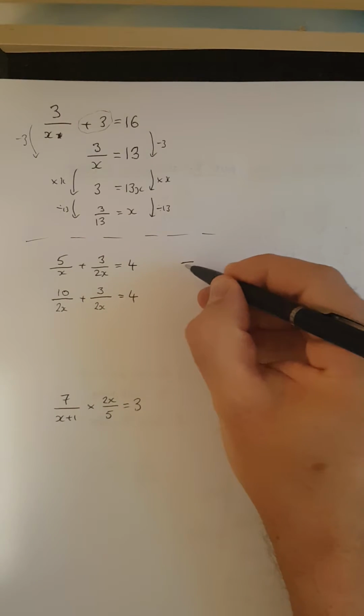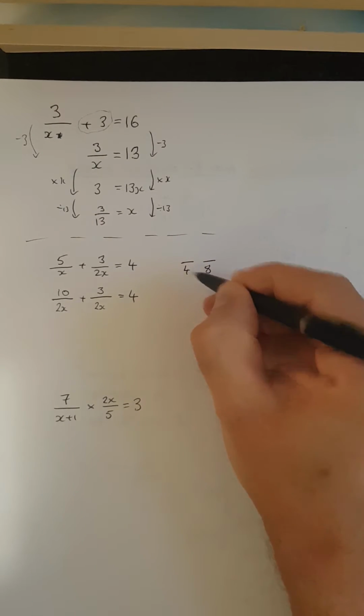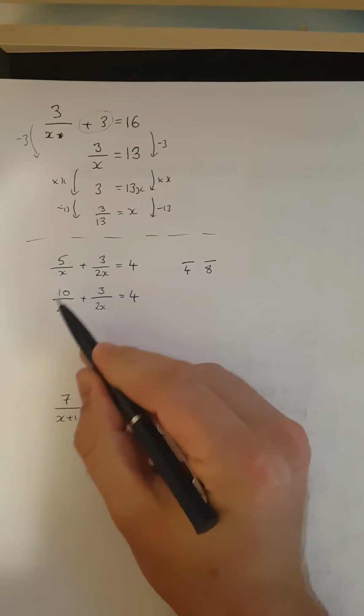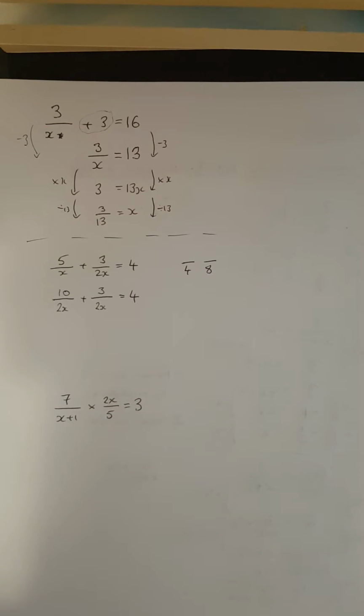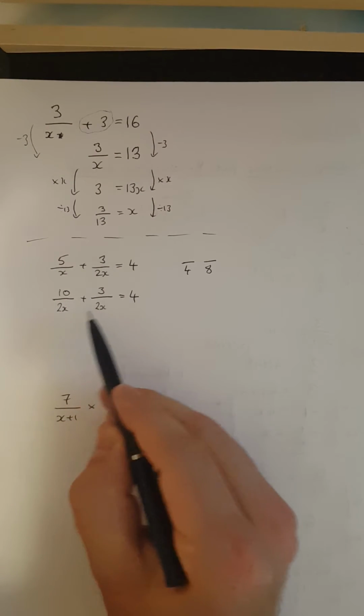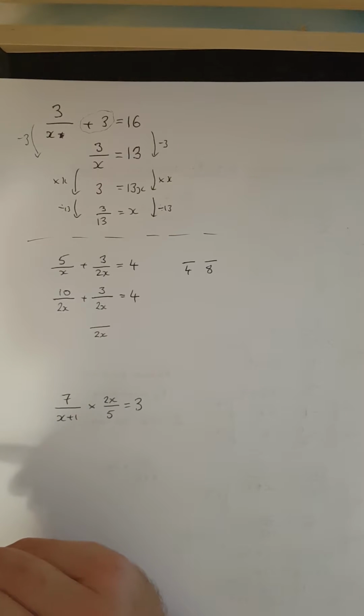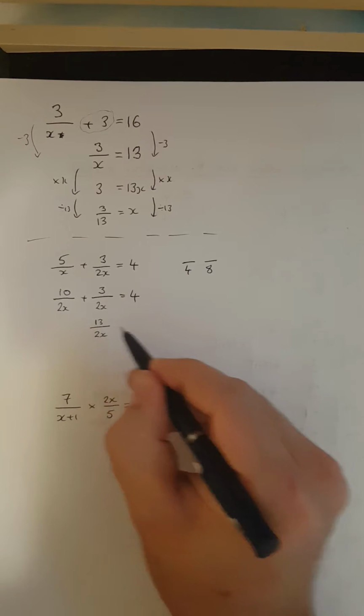This is the same as if I had denominators of 4 and 8. What would happen now when I try and add these? The denominator would stay the same, and the numerators are added.